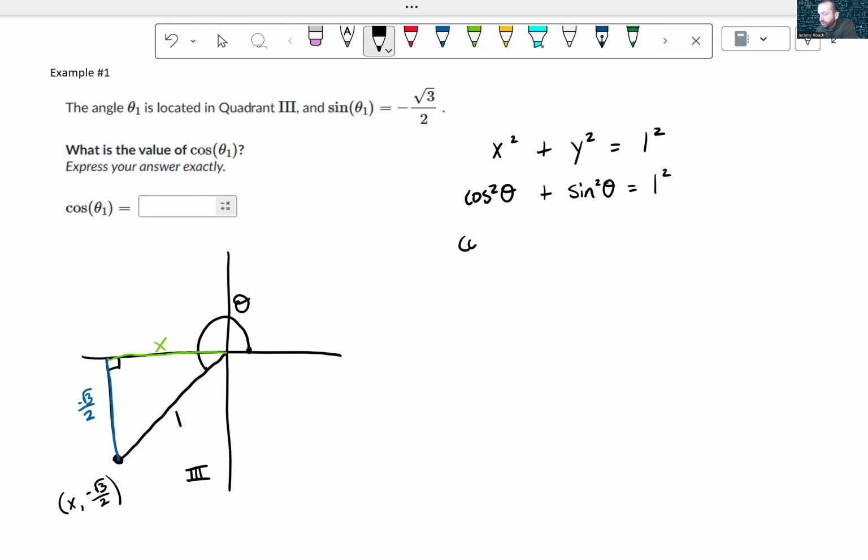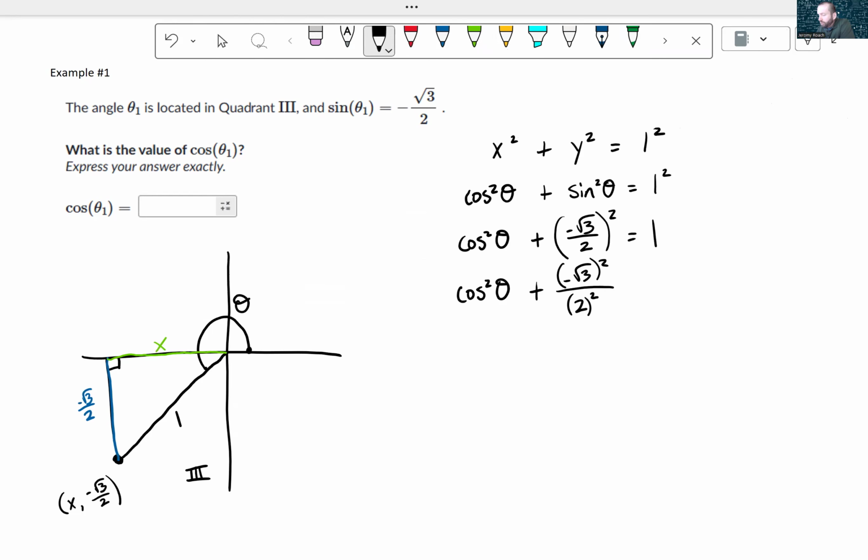So cosine squared theta plus sine squared theta is, we know sine theta is negative root 3 over 2, and we're going to square that. And that equals 1 squared, or just 1. Cosine squared theta plus, now this becomes negative square root of 3 squared over 2 squared.